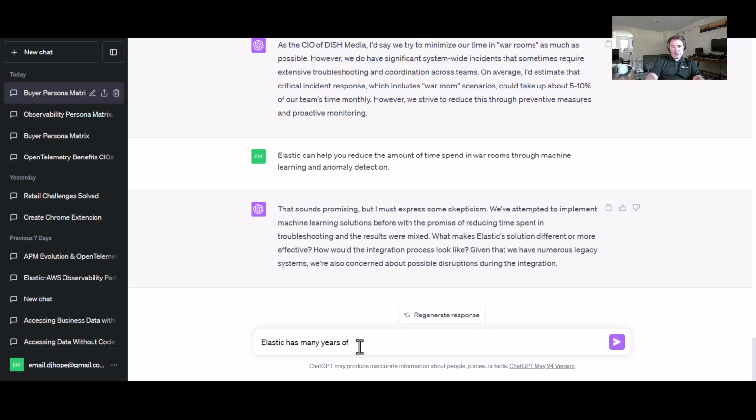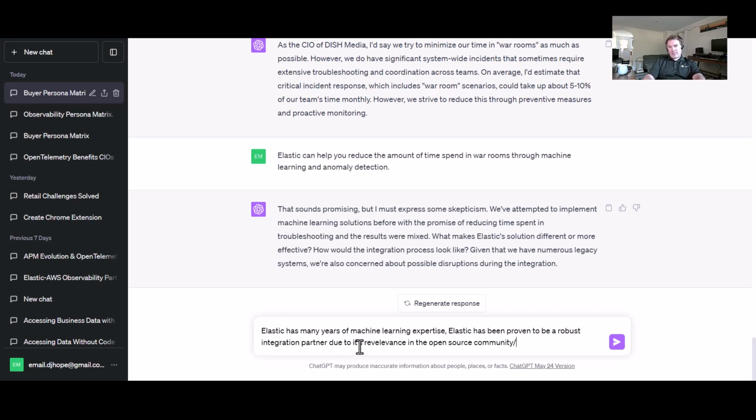Elastic has been proven to be a robust integration partner due to its relevance in the open source community. Reassuring to hear. Is appealing. See, so open source, that's great.